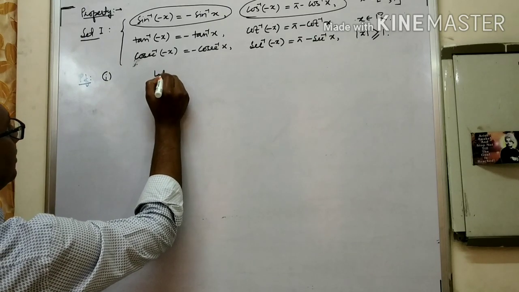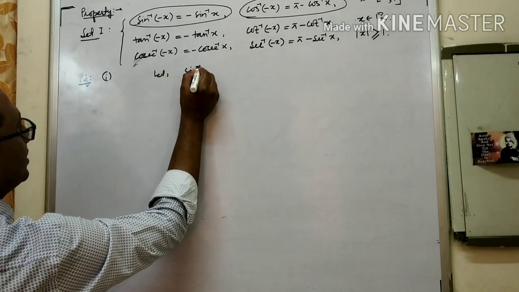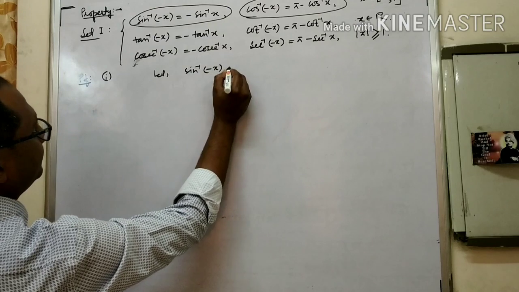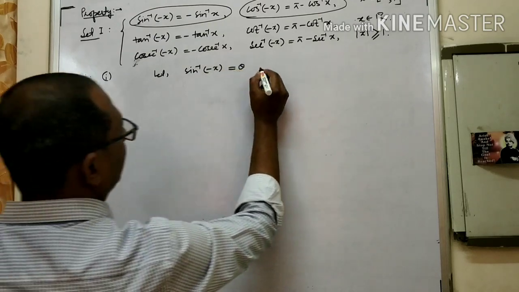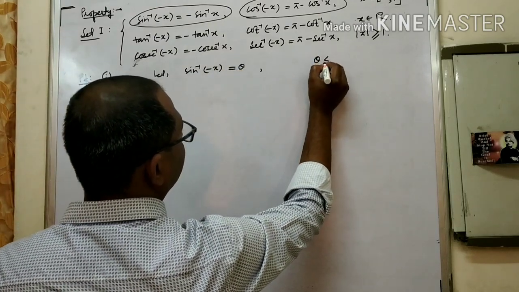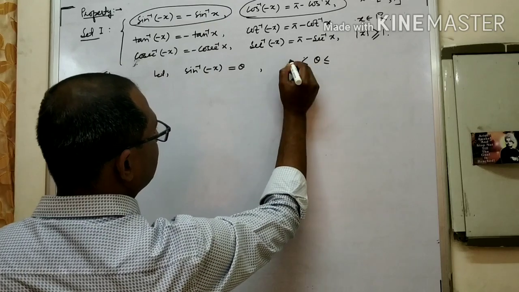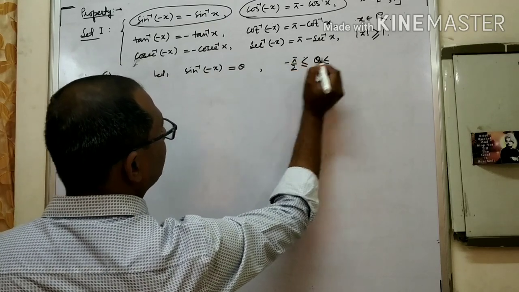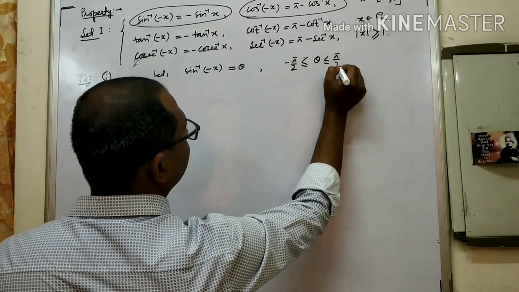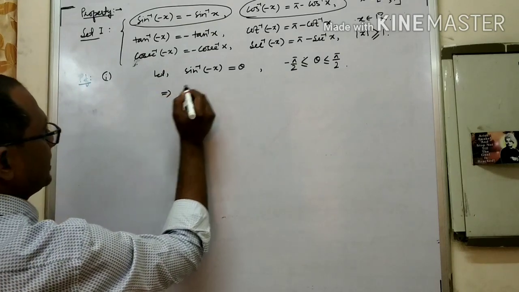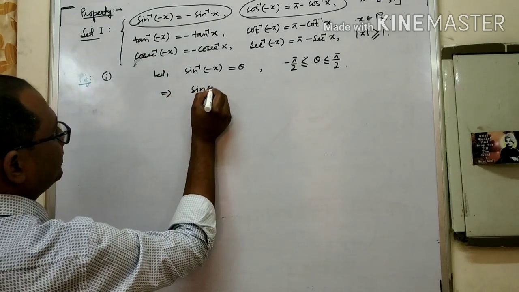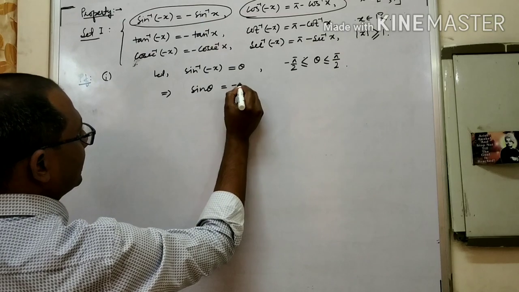Let sine inverse of minus x equal to theta, where theta is lying in the range of sine inverse, that is minus pi by 2 to pi by 2. So obviously sine theta will be equal to minus x.